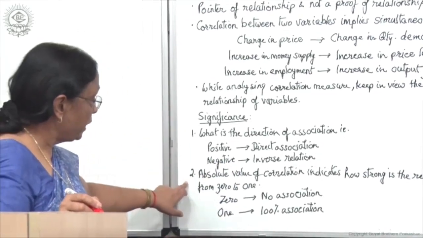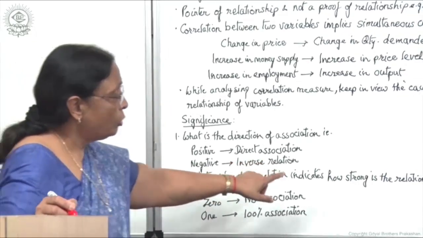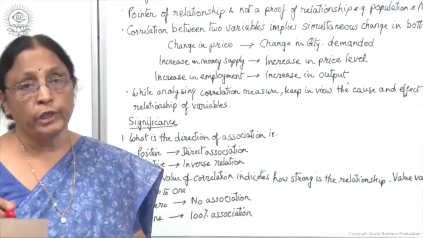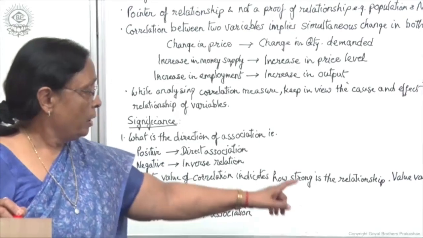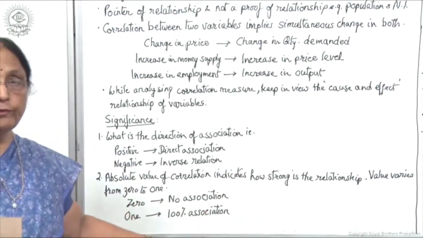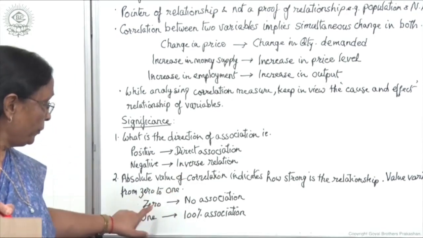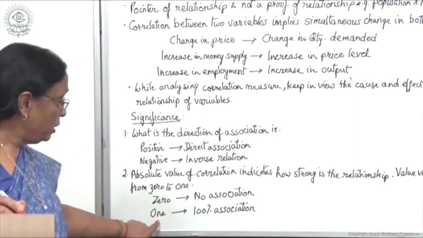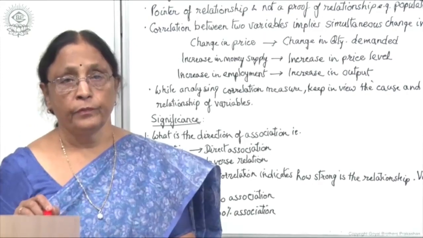Now the second significance is that the absolute value of correlation indicates how strong the relationship is. That means the absolute value of correlation indicates the strength of correlation. The value varies from 0 to 1. 0 indicates no association and 1 indicates 100% association.